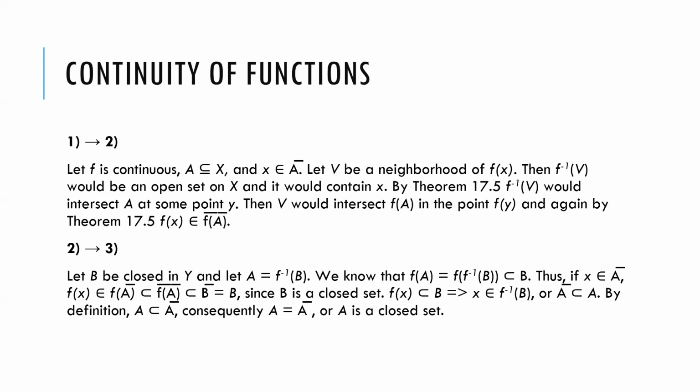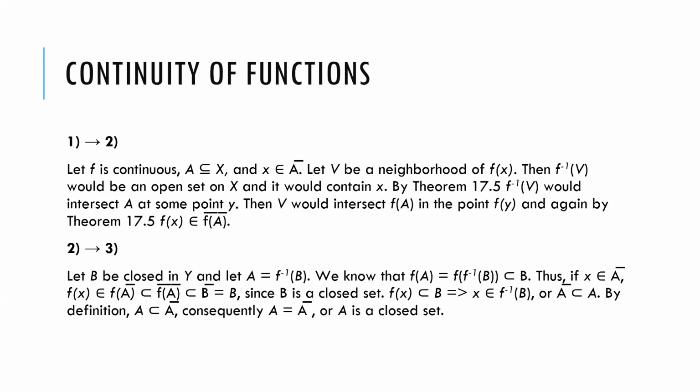Like we talked about a little bit earlier. Thus, if x belongs to the closure of A, then f of x would belong to f of the closure of A, which is a subset of the closure of f of A, which is a subset of the closure of B, which equals B since B is a closed set.